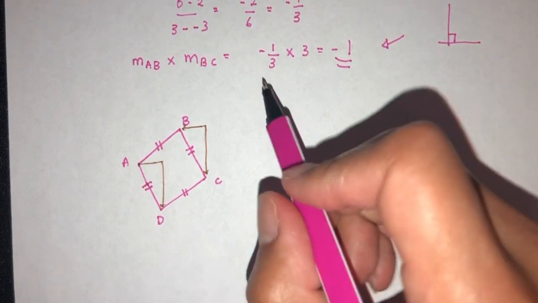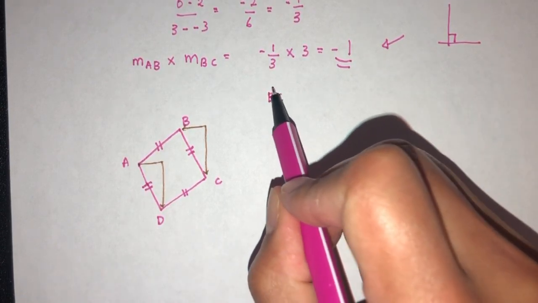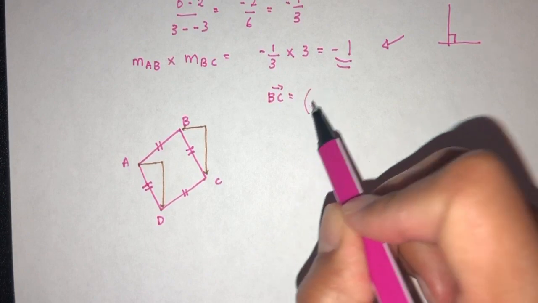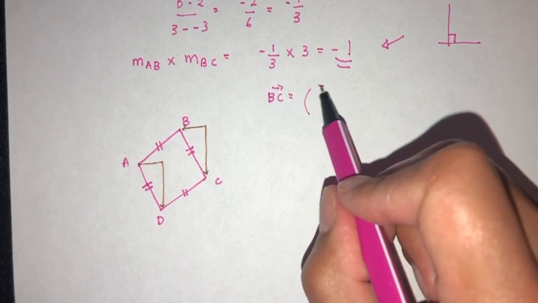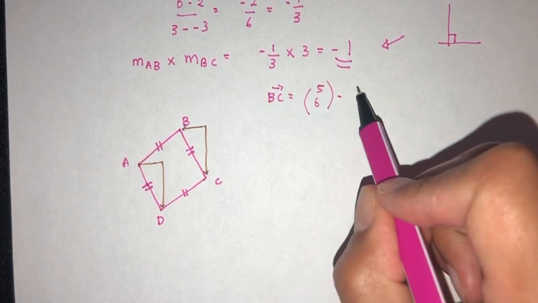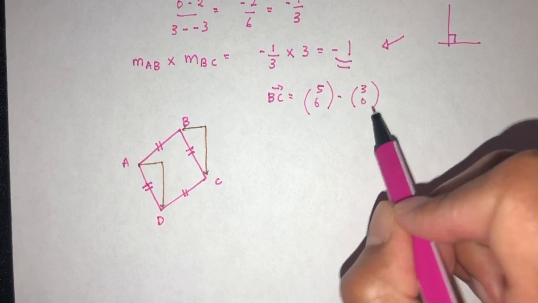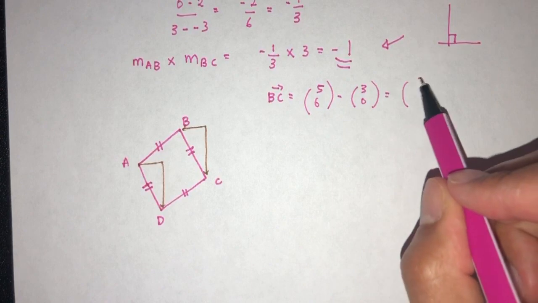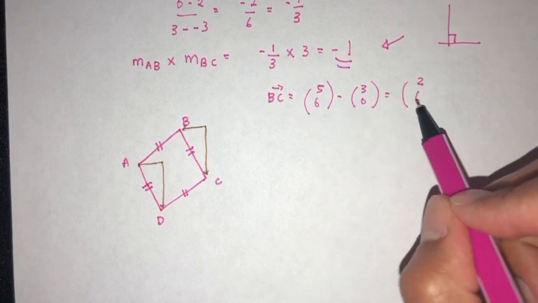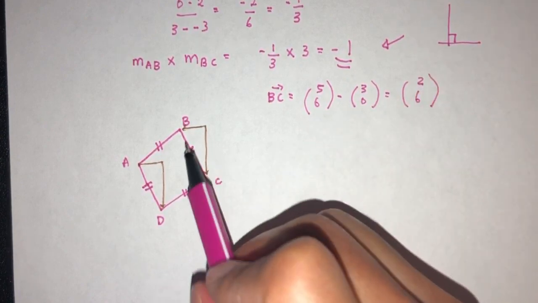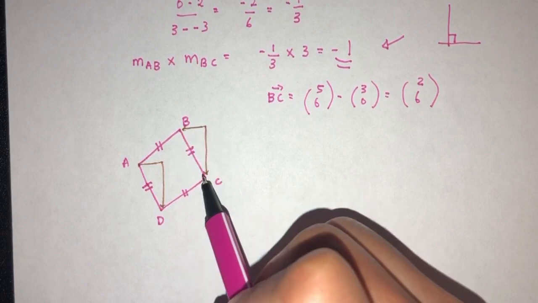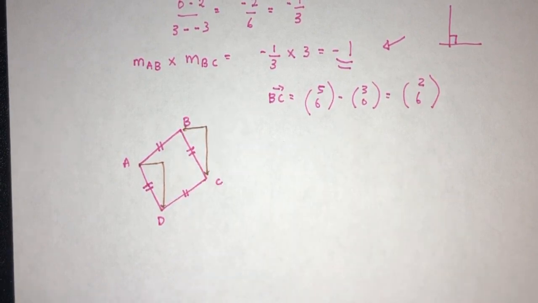So the direction of BC will be OC, which was found to be (5, 6), minus OB, which was (3, 0). That was (2, 6). So we use a vector move of (2, 6) to go from point B to point C.